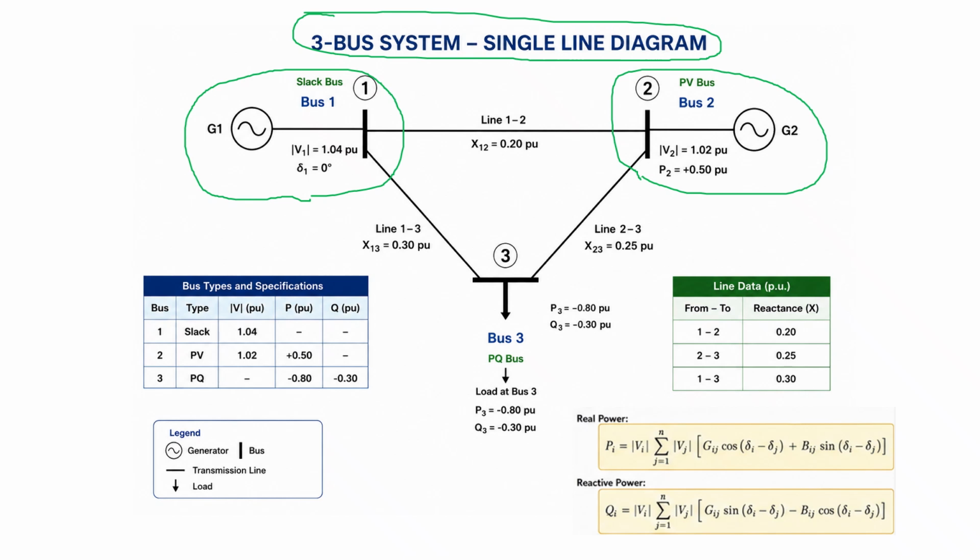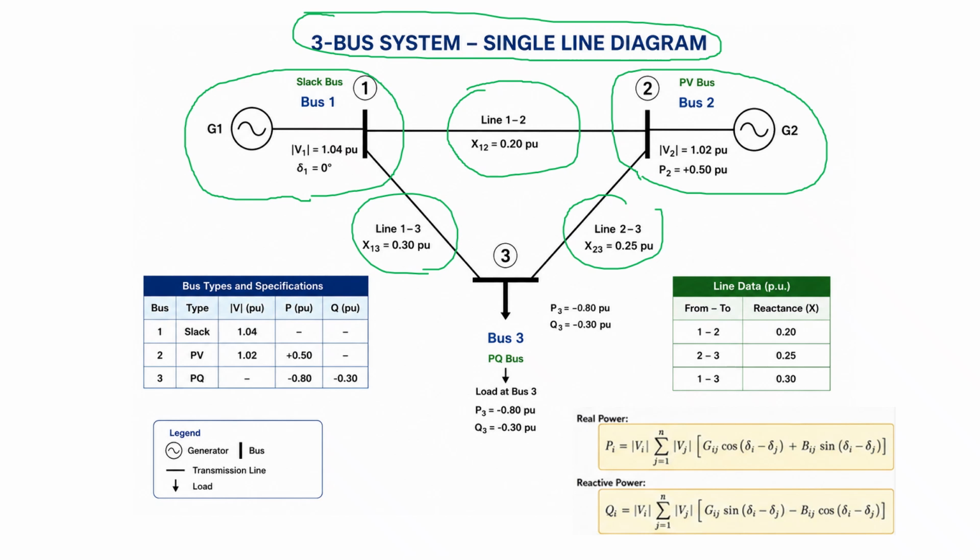So the general representation of this diagram indicates that we have impedance from bus 1 to bus 2, from bus 2 to bus 3, and from bus 3 to bus 1. So it's easy to make a Y bus admittance. In addition, the general specification indicates that we have a set voltage for both the PV bus and the slack bus, which is unchanging.